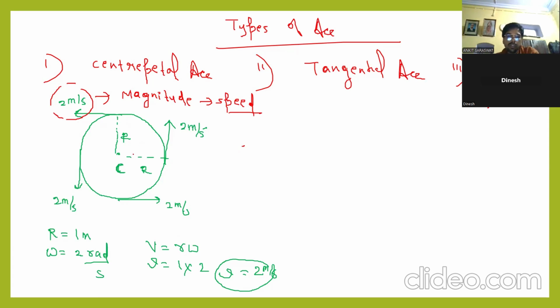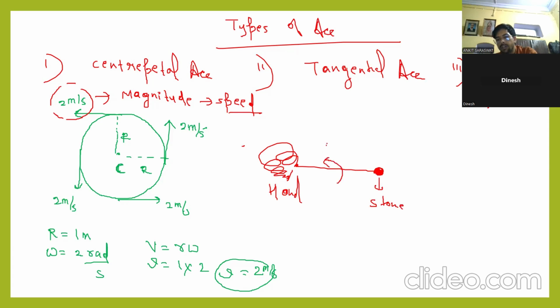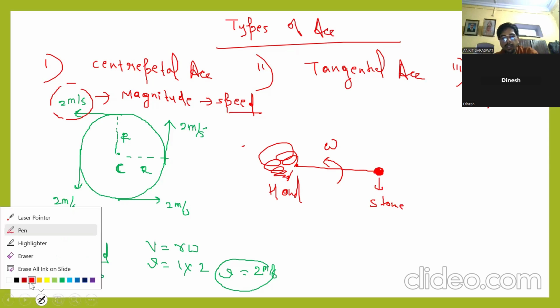No, no, no. If you are taking a rope and you take one stone, this is your hand, this is the rope and this is the stone. If you give an angular velocity omega like this, you are rotating like this, my question is, what is the reason this particle is moving in a circular path?